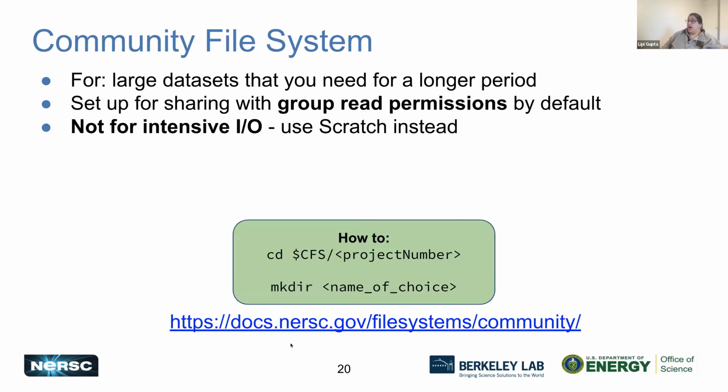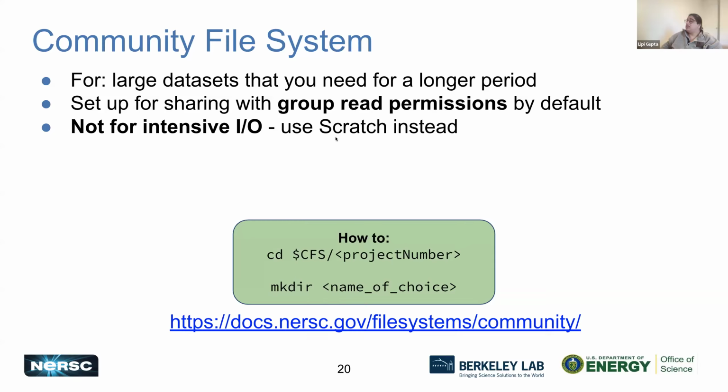Okay. A little bit more information about the community file system. This is where you're going to move your data once you're done with creating it or synthesizing it or whatever on Scratch. It's funny because we say it's not for intensive IO, but there may be times when you have a huge amount of data that you need to write or a process of some kind, and there may be times when you will want to use community file systems.